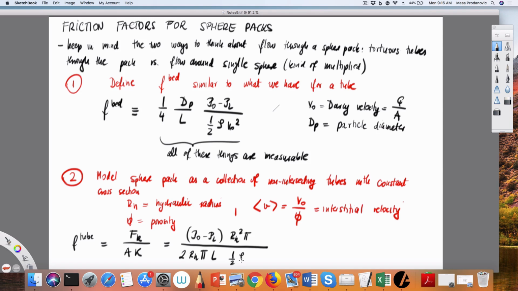And then 1/2 rho V squared. So when I clean that up a little, there are things I can cancel. Then I get (P0 minus PL) R_H over 1/2 rho V squared L.